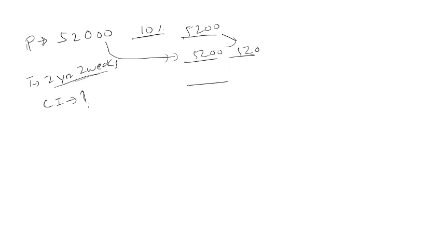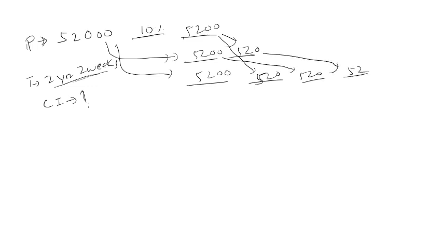Third year's interest is how much? 10% of principal, that is 5200, 10% of first year's interest, that is 520, 10% of all interest, that is 520, again 10% of this 52, right?